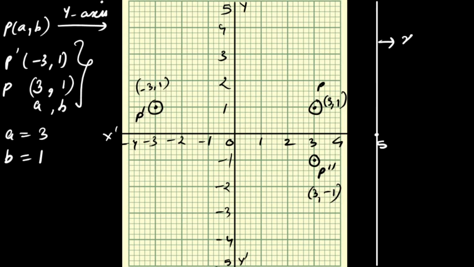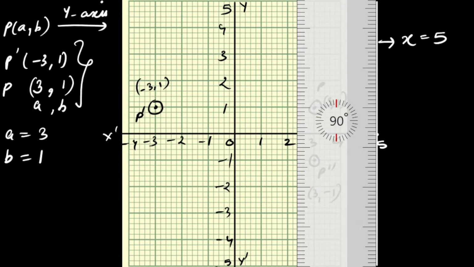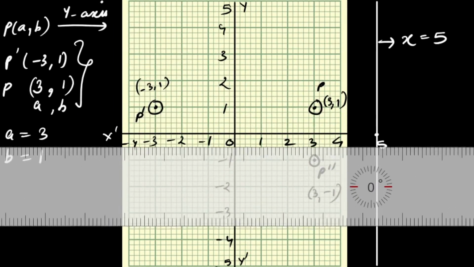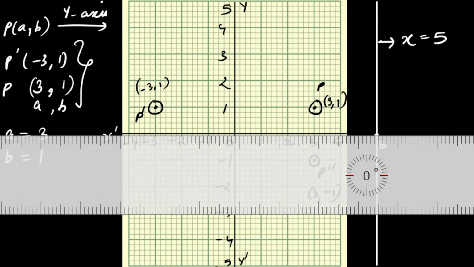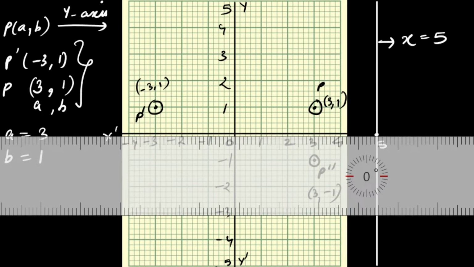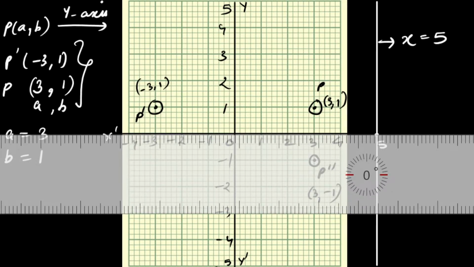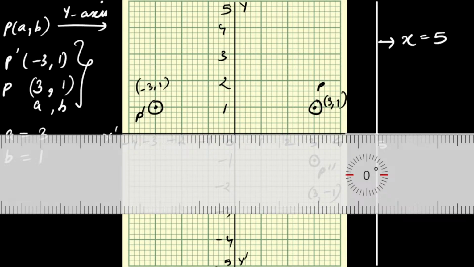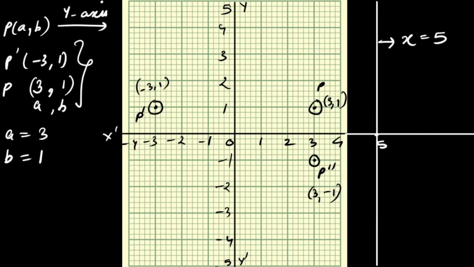This line is x is equal to 5. Because of less space, I'm just drawing down. But you have to do it on the graph only. Don't follow me as it is, because you might have a lot of space.